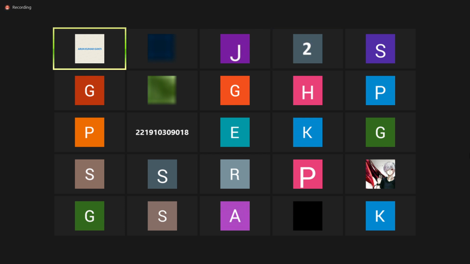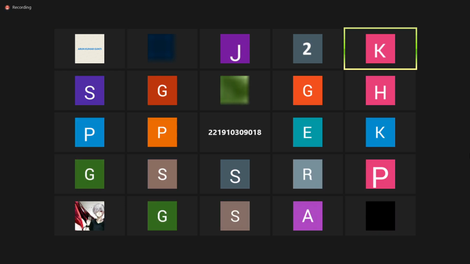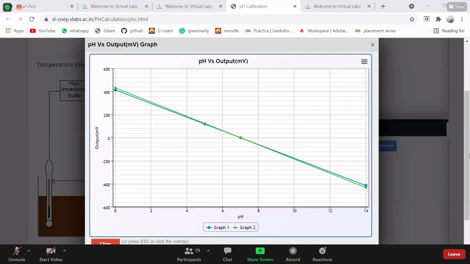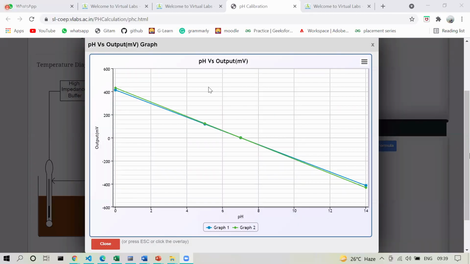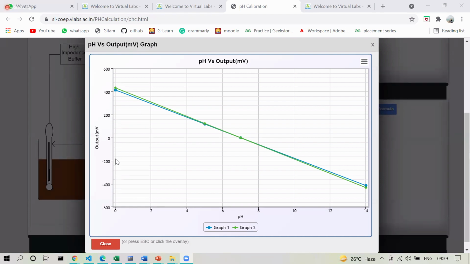Yes, CS 518. Share your screen. Which type of liquid have you taken? I've taken coffee and lemon juice, sir. Okay, close your graph sheet.